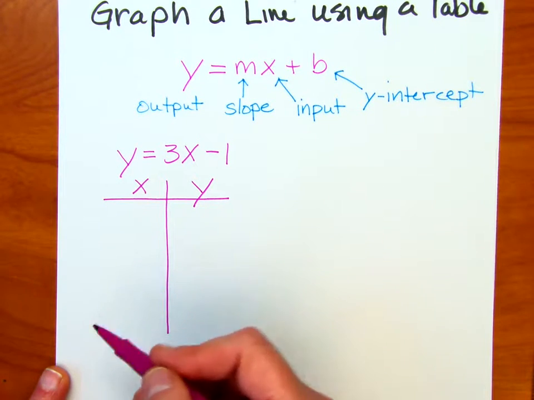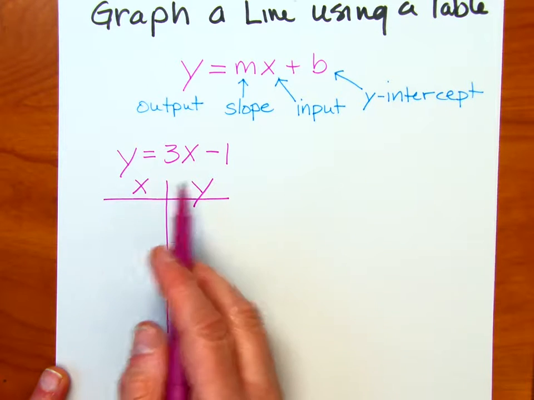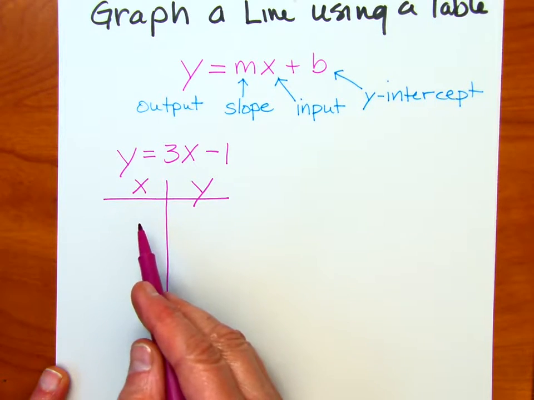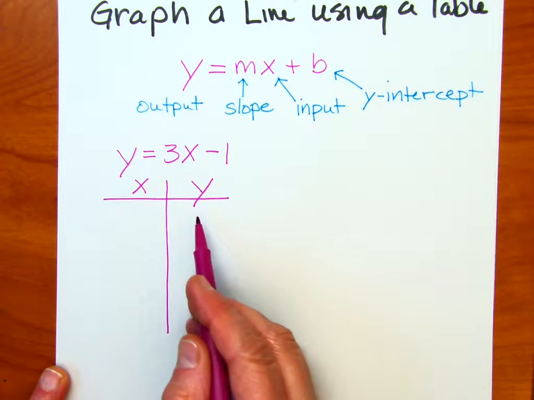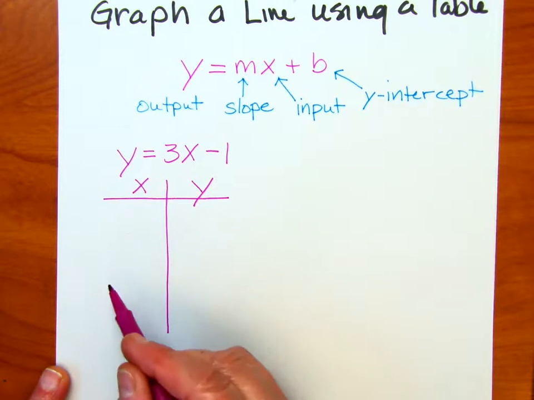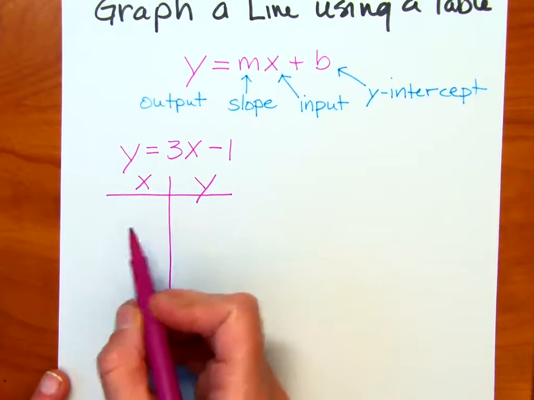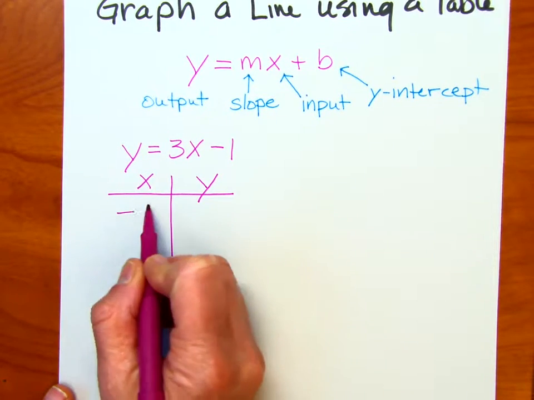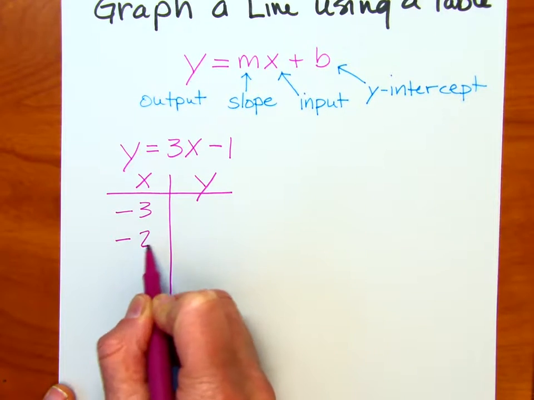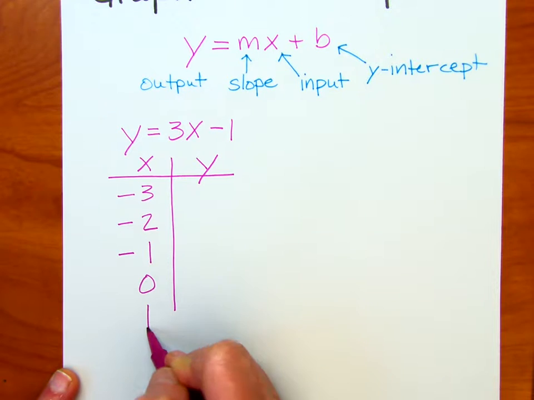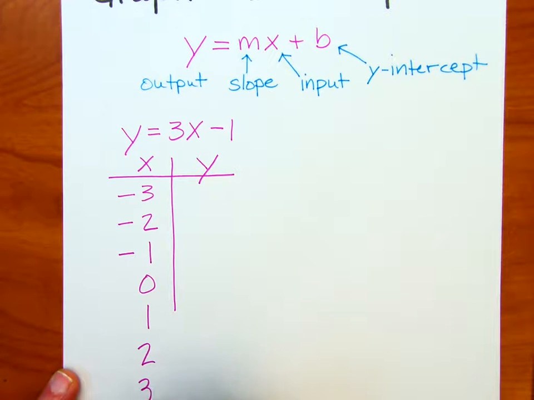On the homework you're going to have some equations, and you'll be given different numbers, and then you have to find the value of that equation using those specific numbers. For this example, we're going to use -3, -2, -1, 0, 1, 2, and 3.